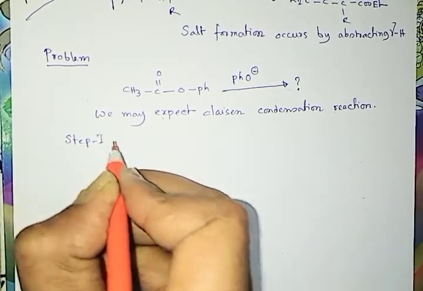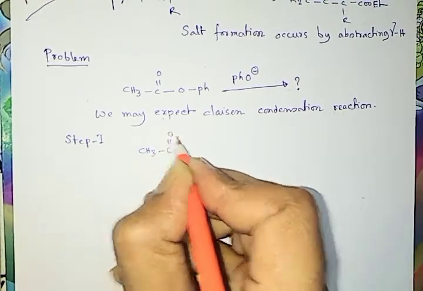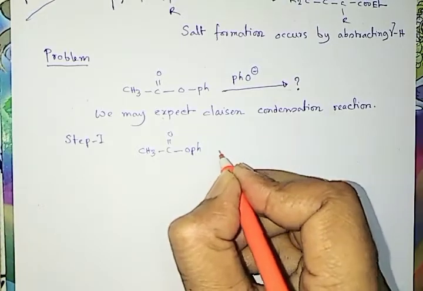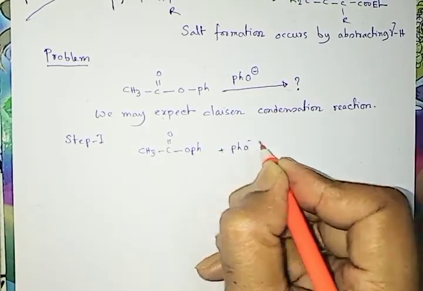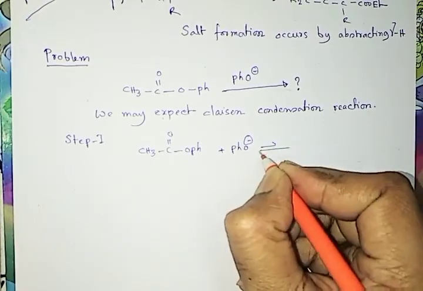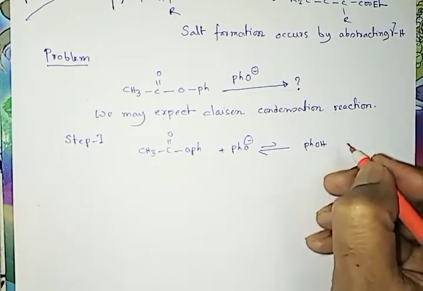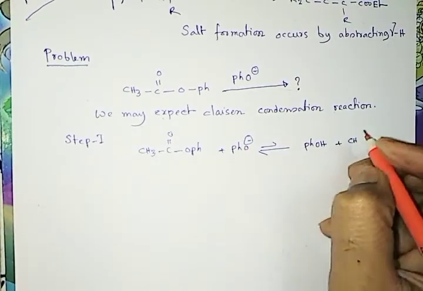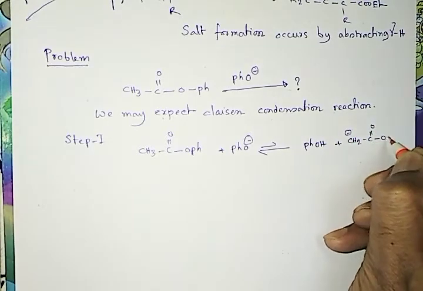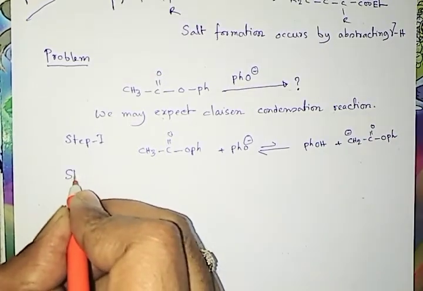Step number 1. CH3 C double bond O OPh plus phenoxide is an equilibrium with phenol plus the CH2 anion.